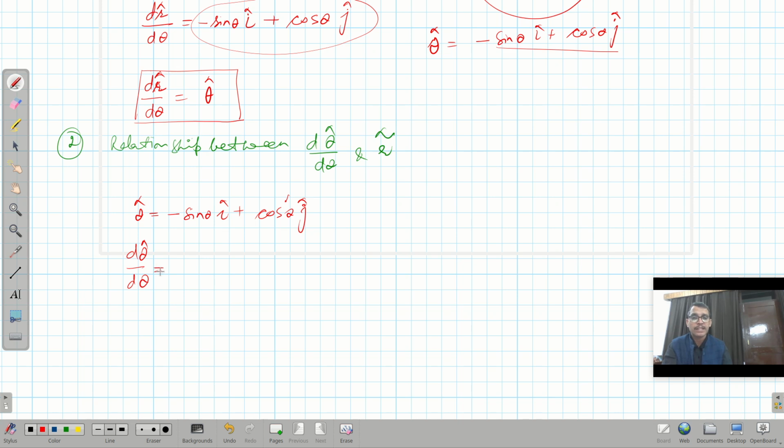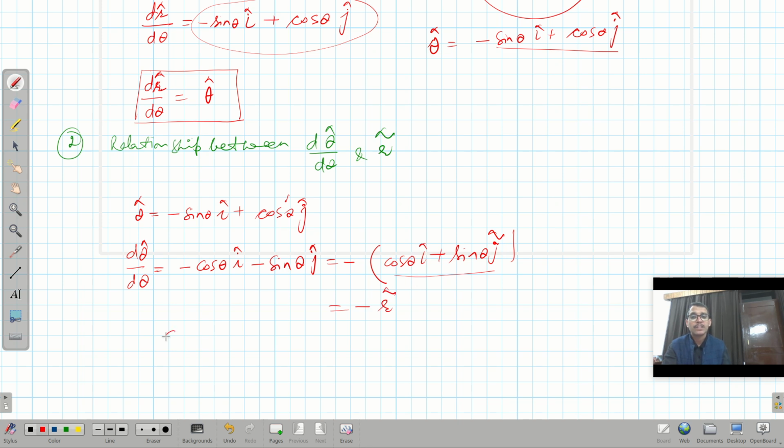So it is minus cos theta i cap, and the derivative of cos theta is minus sine theta, so minus sine theta j cap. If I take the minus outside, it is cos theta i cap plus sine theta j cap, right? This is nothing but r cap, so it is minus r cap.